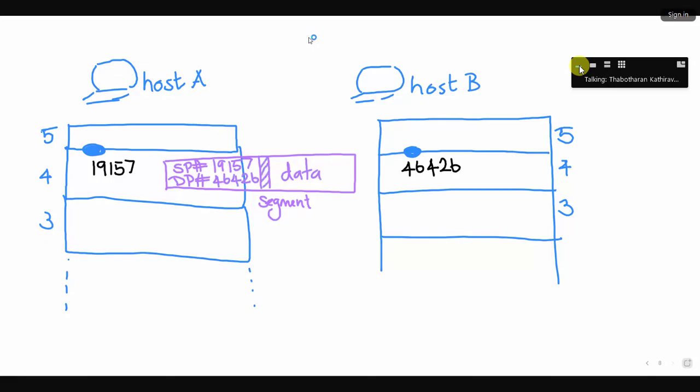Then this is passed to the network layer, and will ultimately arrive via the network layer on the other side at host B. Whenever it arrives, this number is checked and it is sent through the correct port.